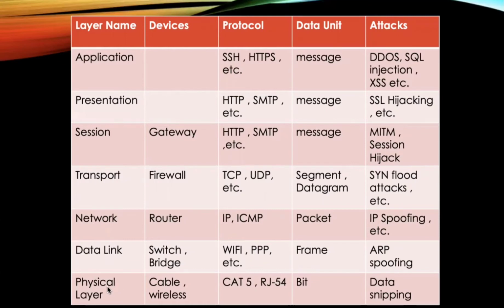So we'll start with the physical layer. The physical layer is mainly responsible for placing the information on the physical medium. The physical medium may be a cable or it may be wireless hardware. The main functionality of the physical layer is to transmit the individual bits from one node to another node within the network.